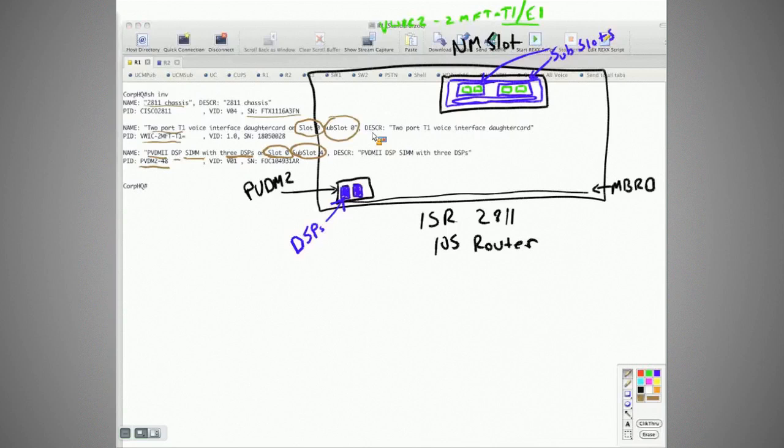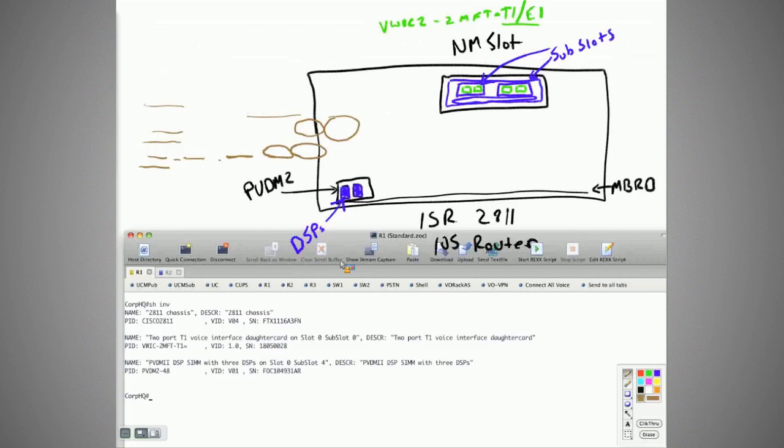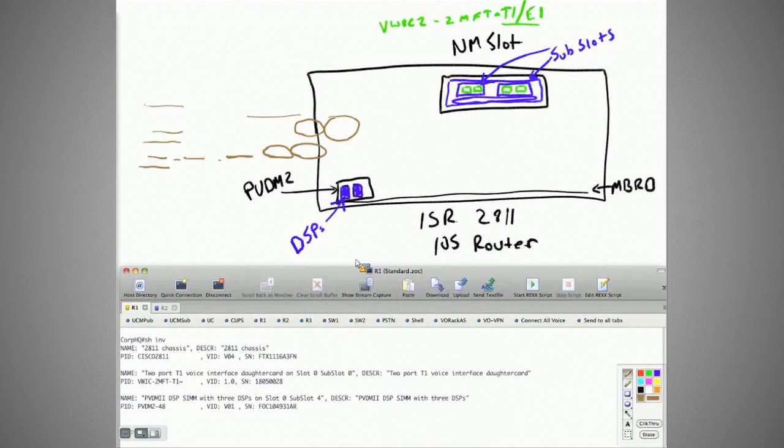Okay? I'm going to bring this down a little bit. Any confusion?